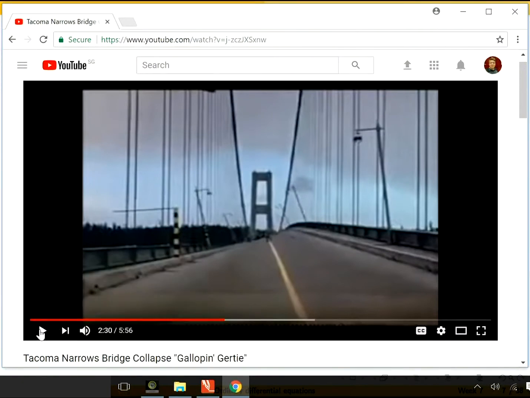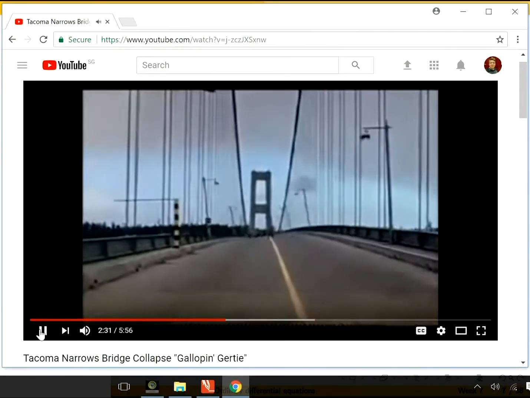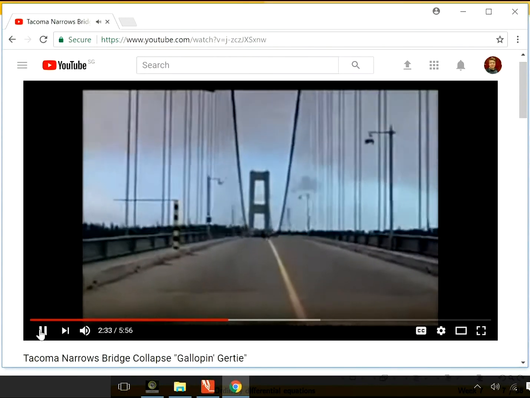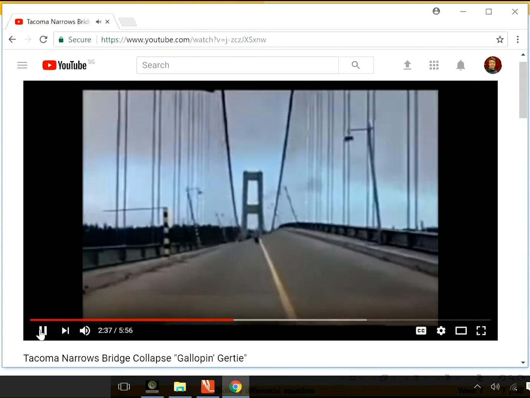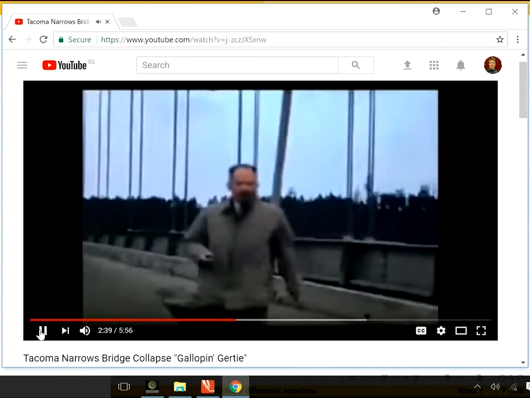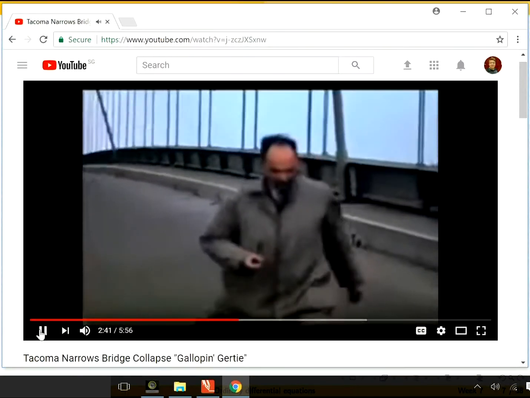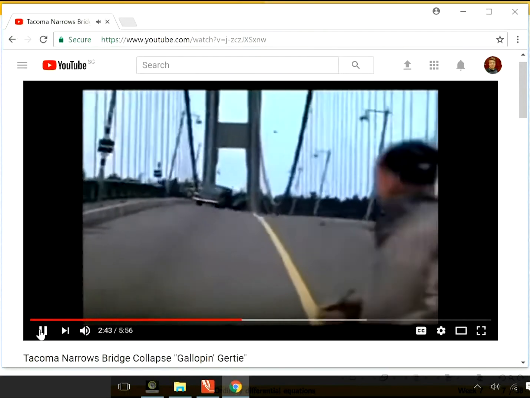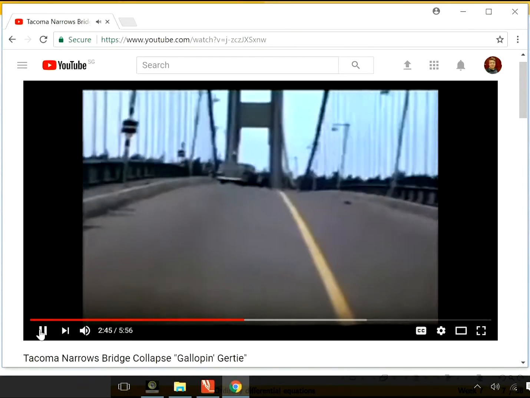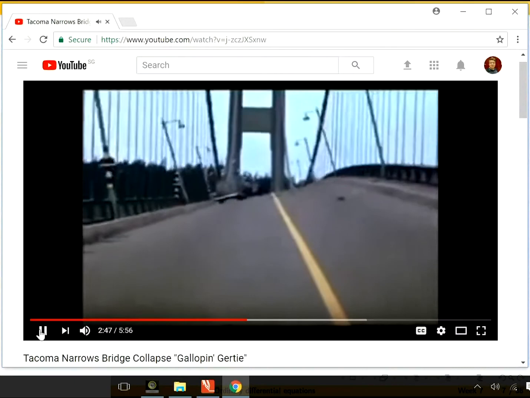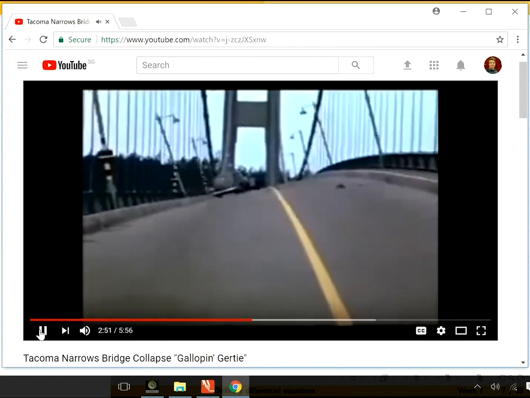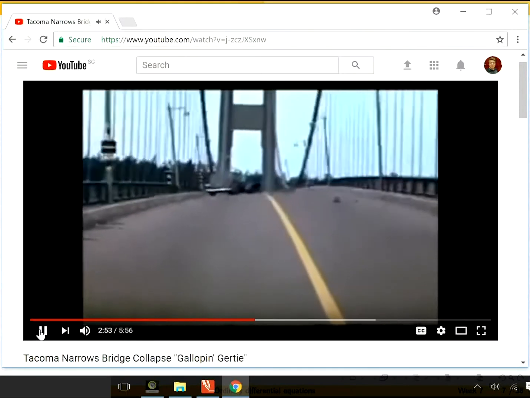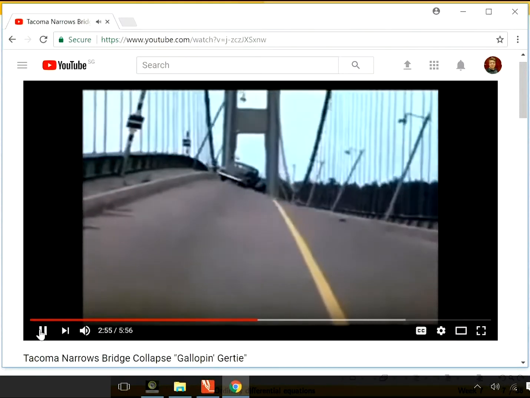So this was a disaster in 1940, I think, where the bridge collapsed. One of the possible explanations of this phenomenon is that the natural frequency of the bridge coincided with the frequency of the wind, and it led to a resonance.